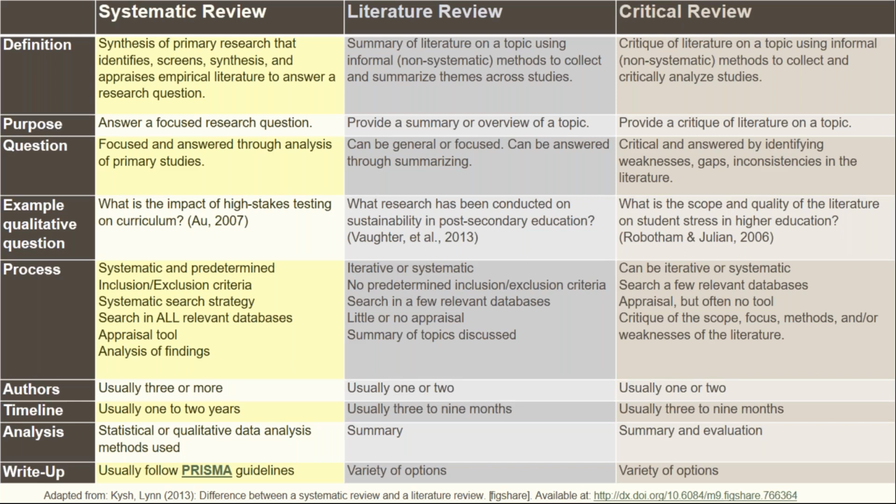Systematic reviews also, compared to literature reviews and critical reviews, tend to take longer. They involve more people. They follow a systematic process and standard guidelines for reporting. And if you look down at the very bottom of the page, it says systematic reviews usually follow PRISMA guidelines, and there will be a link to that in what you can download. And we'll talk a bit about PRISMA later.